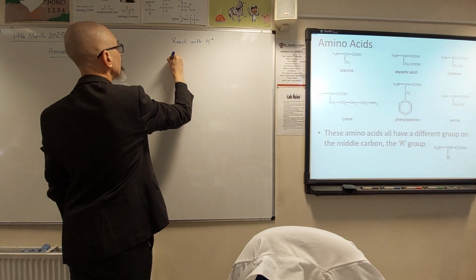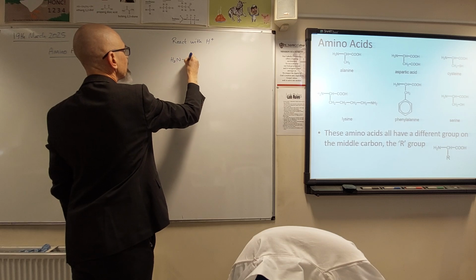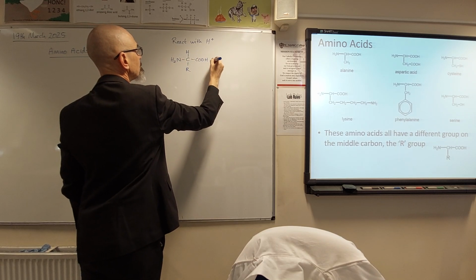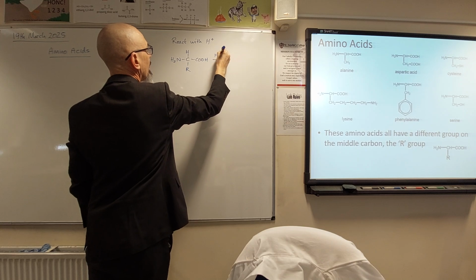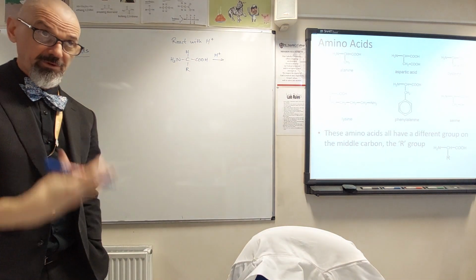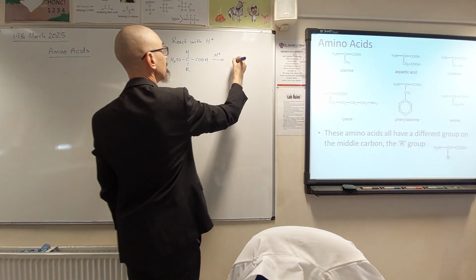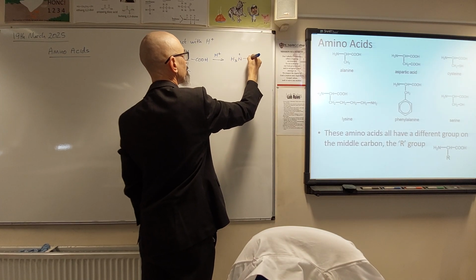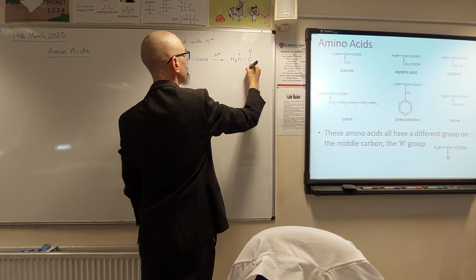So anything with an amine group, I'm just going to use an R there to generalize it. Anything with an amine group on it, when it's put into an acid solution or a low pH solution, is going to protonate the nitrogen.